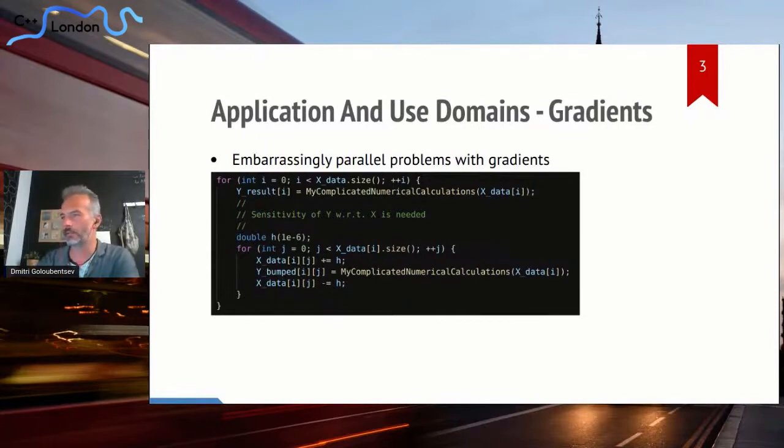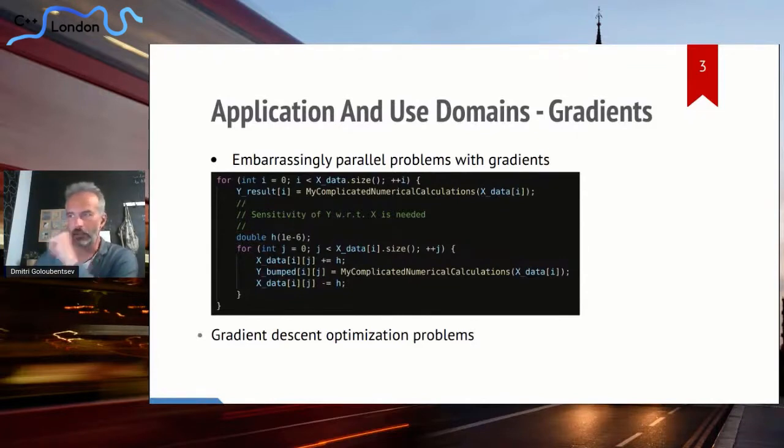But in the end, it turns out to be even wider than just speeding up the calculation of risks or sensitivities. So where can these problems arise? Things like gradient descent optimization problems, or for example, machine learning training. When you train your neural networks, what you do is calculate sensitivities with respect to neural network weights, and then you adjust them to reduce the penalty function.